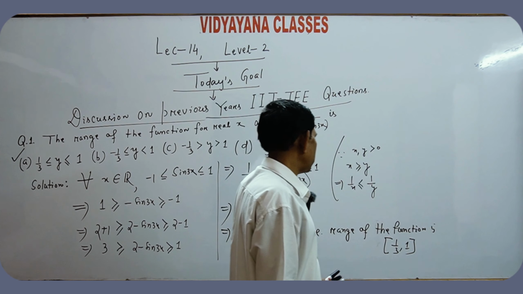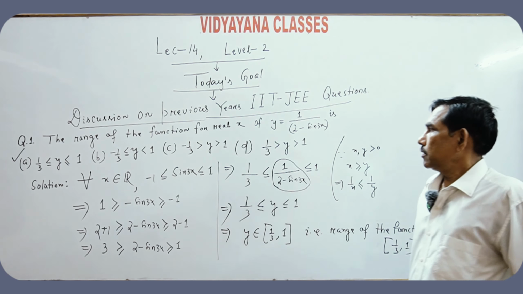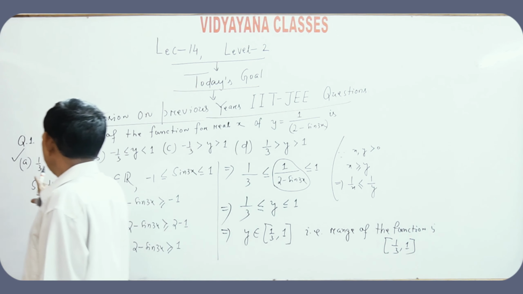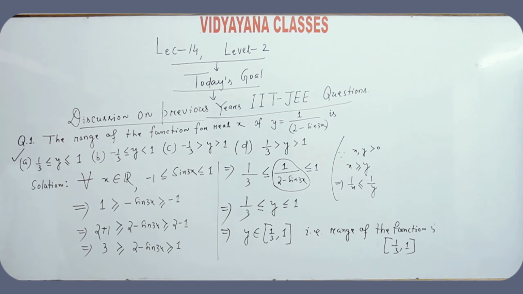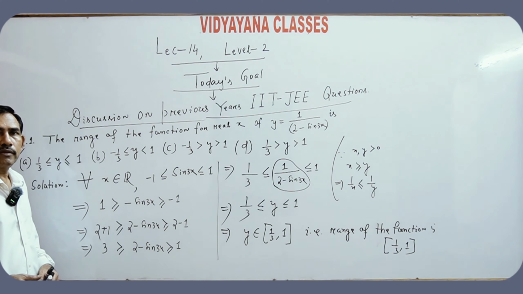That is, the range of the function is the closed interval 1 by 3, 1. So the correct option is A. Clear? Note down.